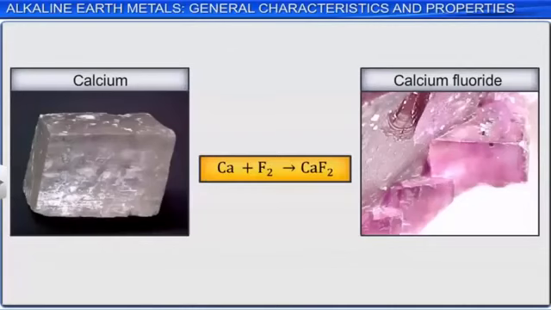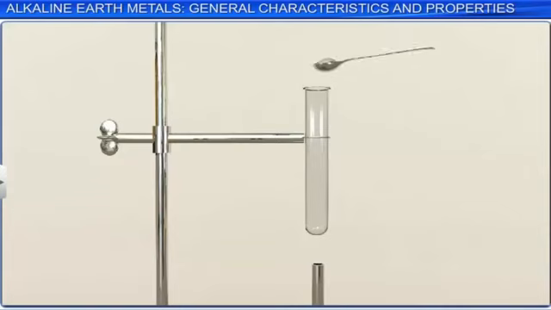A sample of fluorite, a naturally occurring mineral of calcium fluoride, is shown in the photograph. The best synthetic route for preparing beryllium fluoride is to heat ammonium beryllium fluoride until it decomposes, as shown in the equation here.